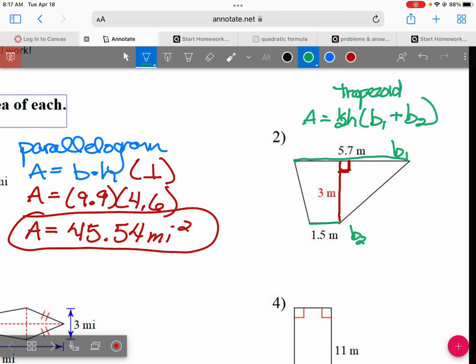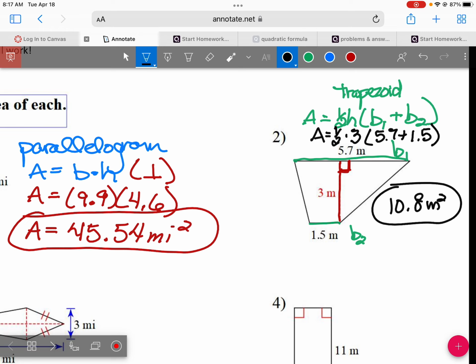In this case, that is 5.7 plus 1.5 times the perpendicular height of 3 times 1/2. So area should be equal to 10.8 meters squared. That is area.